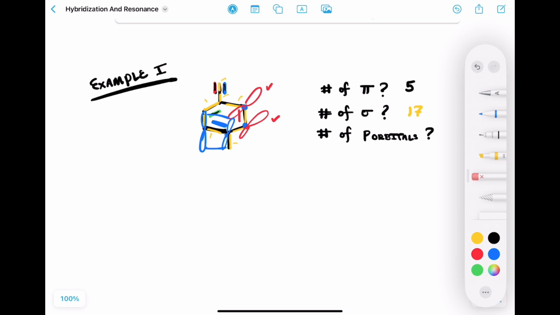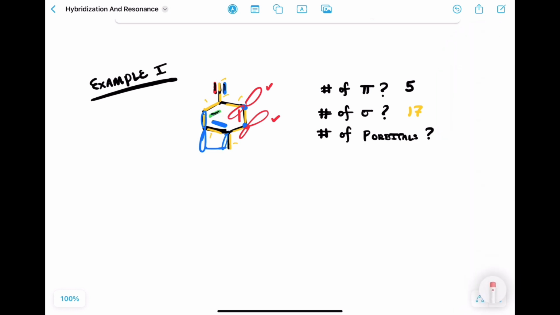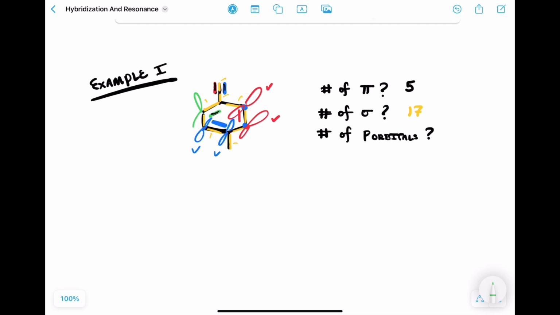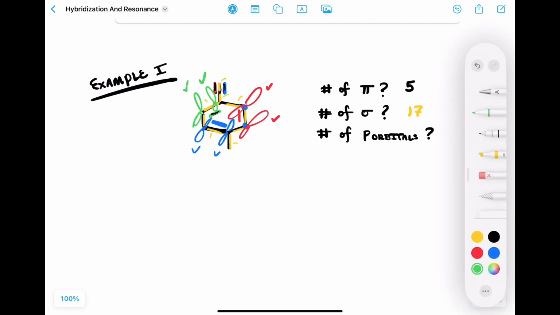Again, let me clean it up a bit. I want to make sure that we can see this pretty easily. So those would be another 2. Now let's take a look at that green double bond. There'd be a p orbital there and a p orbital there. So that's another 2.